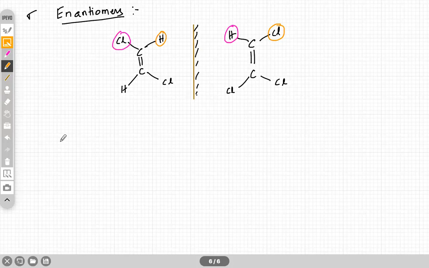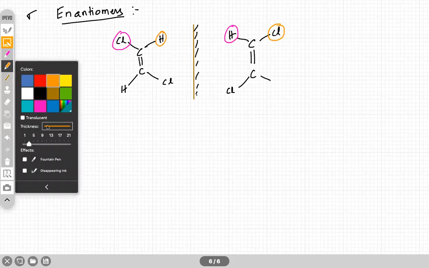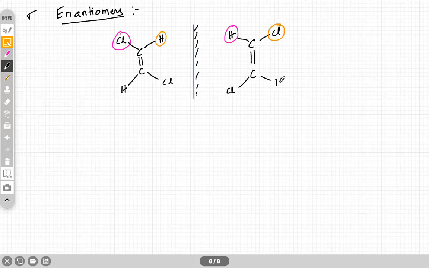Oh, I'm sorry, this is a mistake, this is hydrogen. So these two molecules are not superimposable, but they are mirror images. So these two are enantiomers of each other. Non-superimposable mirror images are enantiomers.